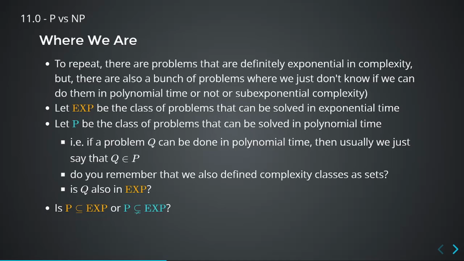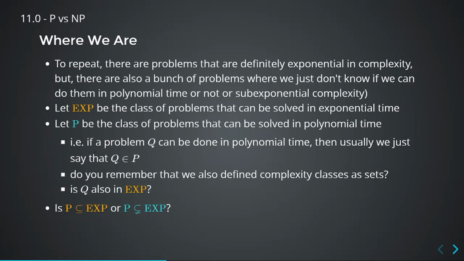So these, EXP and P, are sets. And if you remember back when we discussed complexity classes, we also defined them as sets. So O(n squared) is actually the set of all algorithms that have complexity bounded above by n squared. So if something is log n, it is still O(n squared), because that's just the upper bound. They're sets, right? So same thing here.